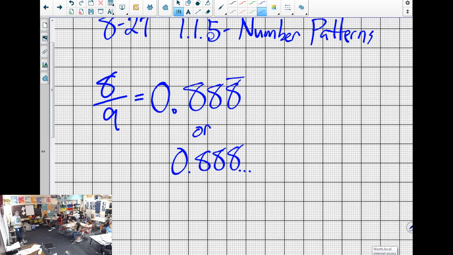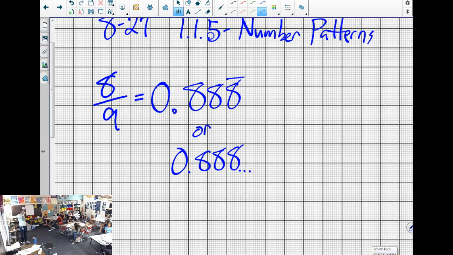Hey, Goldring, is it ellipse or ellipses? So, if we're using it for the repeating decimal, would we call that an ellipse or an ellipses? Like 0.888 dot dot dot. Ellipses. Hi, I just learned something. Thank you very much. I've been calling it the wrong thing. So that's called an ellipses. I didn't know the end of the word was there.